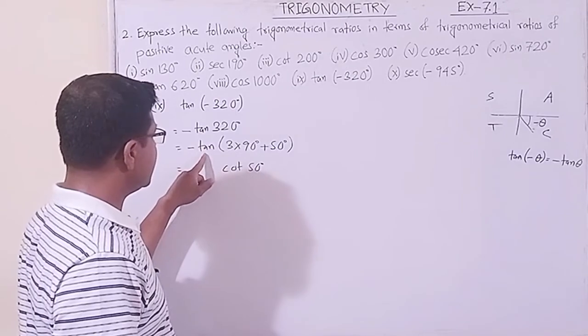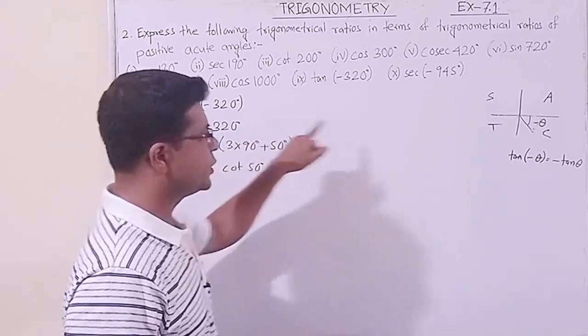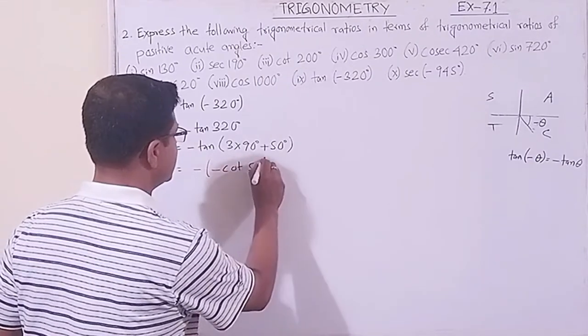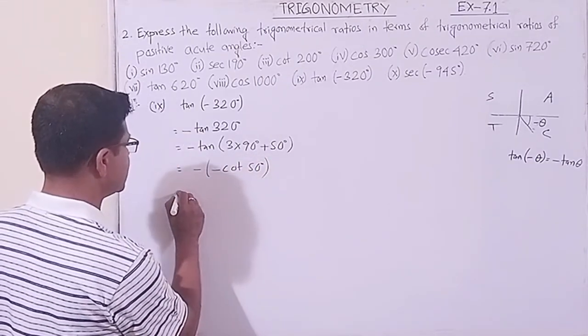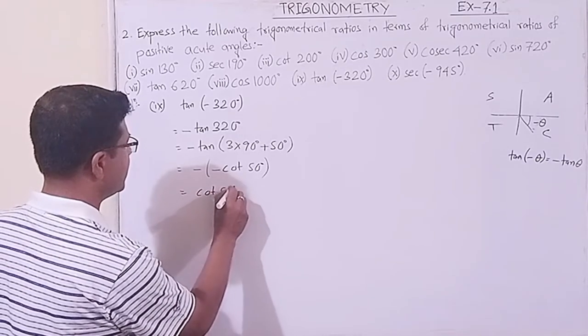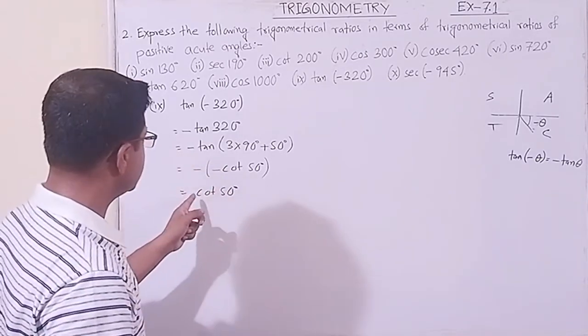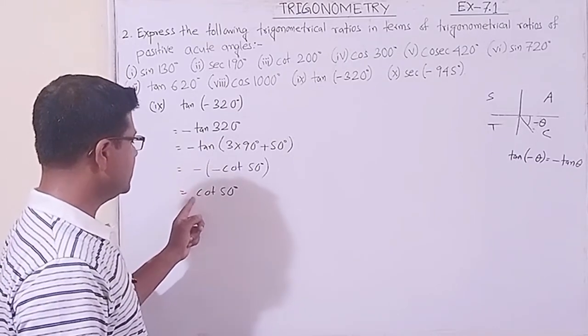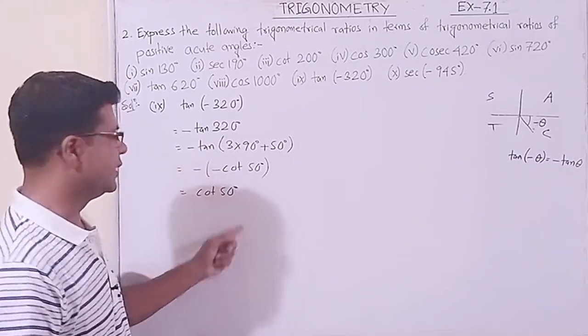Tan is not positive, tan is negative here. So minus of cot 50 degree. Okay, so minus plus cot 50 degree. Perhaps in the book this answer is minus cot 50 degree. It is not minus, dear students, it is plus cot 50 degree.